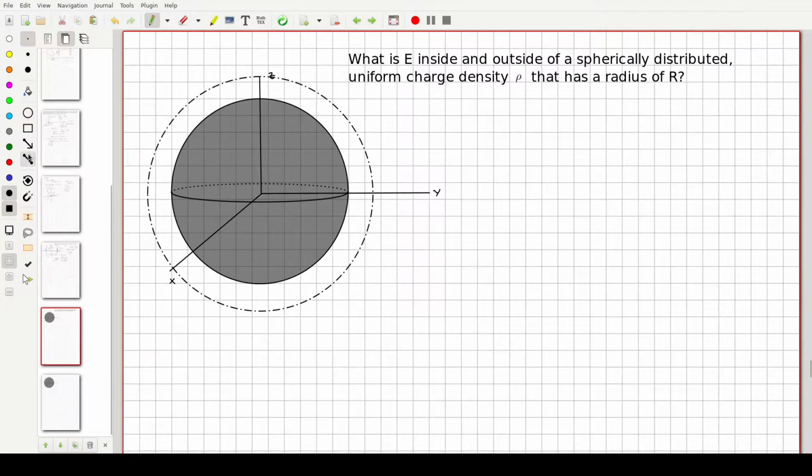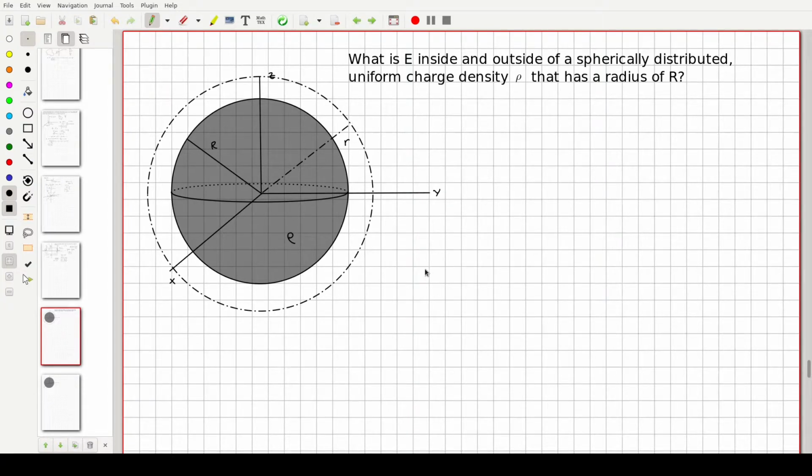This is the direction of out. That's r. Now, my charge itself has a radius of big R. It's uniform, smoothly distributed through it.